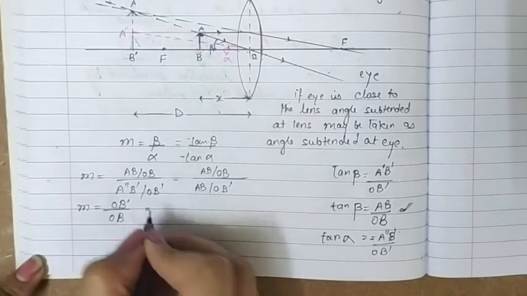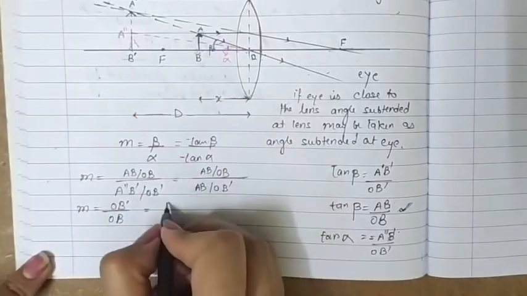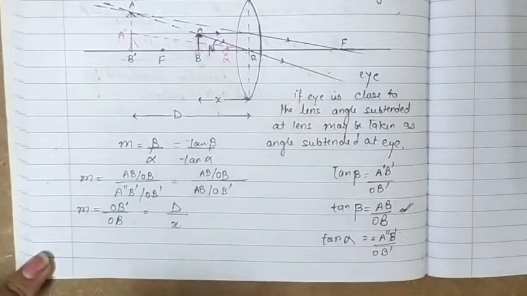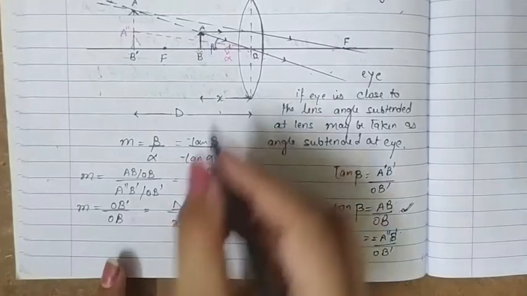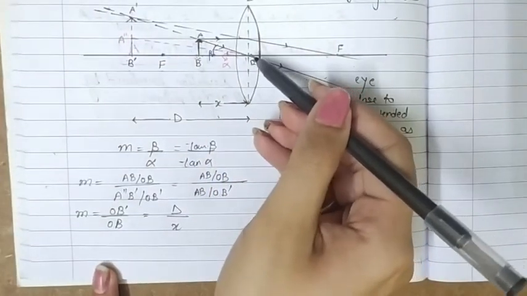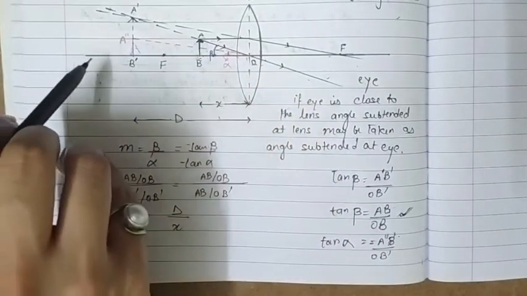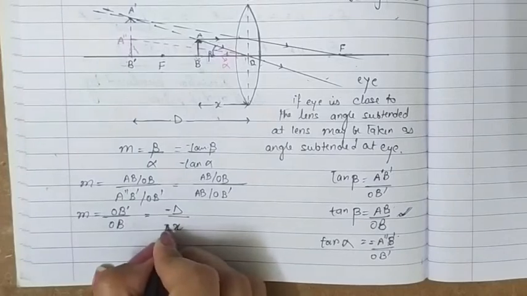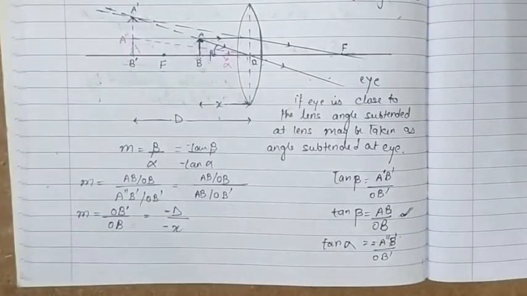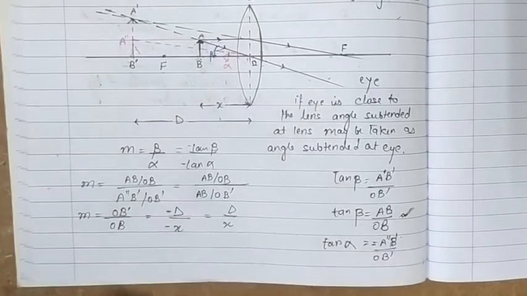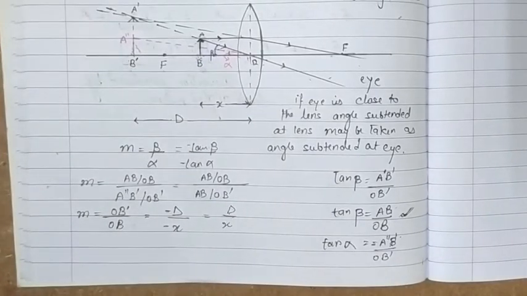Now from the diagram, OB' is the distance D and OB is the object distance that we have taken as X. Now these distances we take from the optical center to the left, and light is going from left towards right. So according to sign convention, we have to take both distances in negative, and after cancelling the negative signs, it will be D upon X. So the magnifying power M is equal to D upon X.